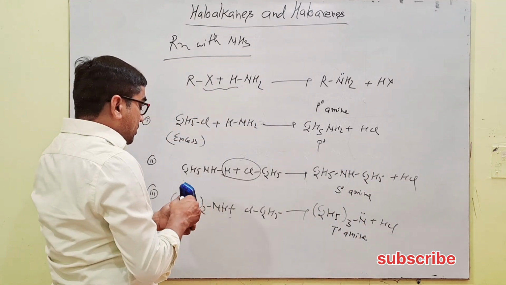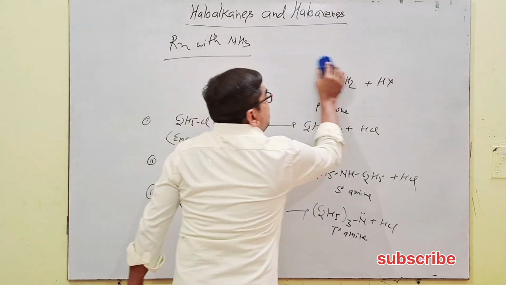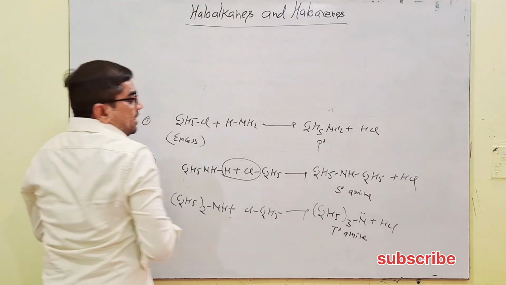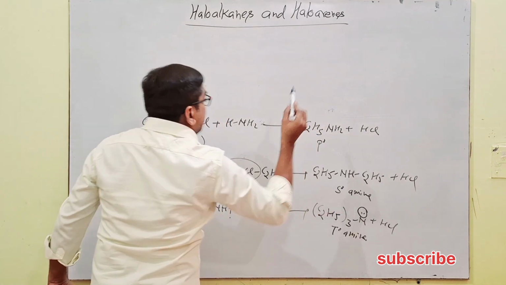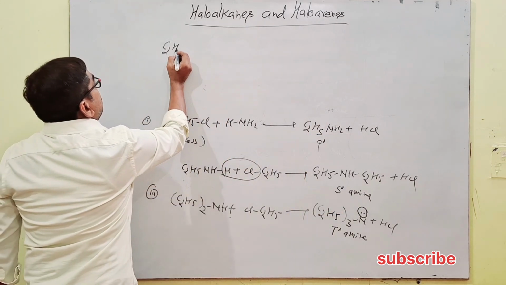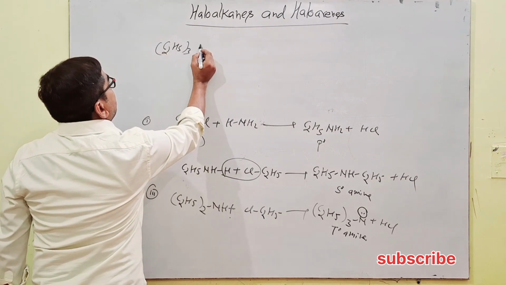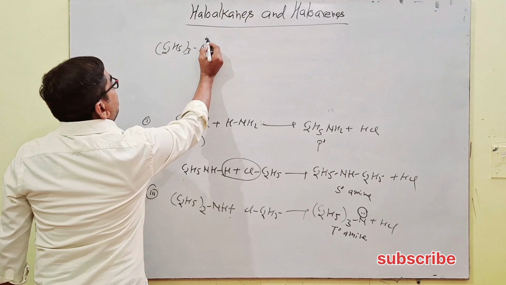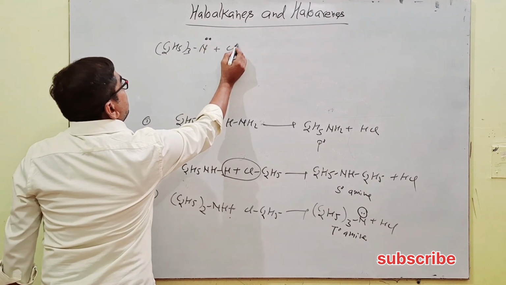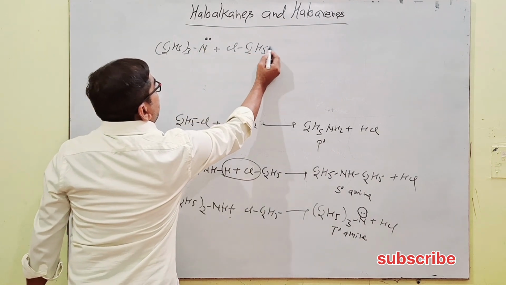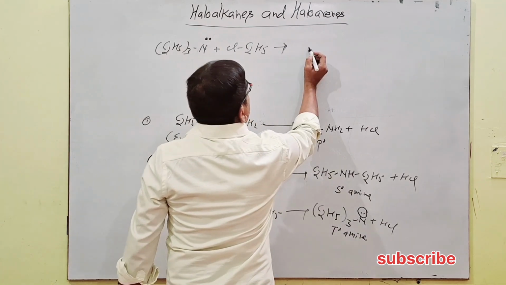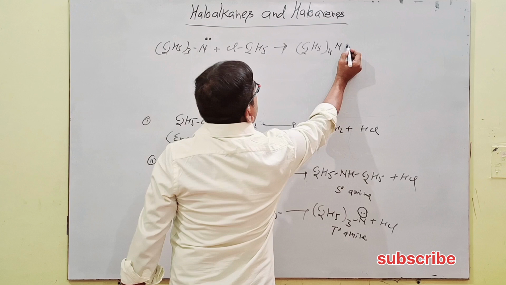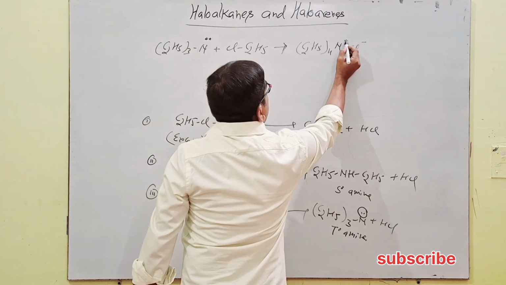The reaction continues: due to the lone pair of electrons, (C2H5)3N again reacts with alkyl halide and results in (C2H5)4N+ Cl-.